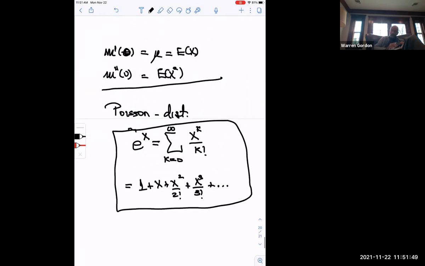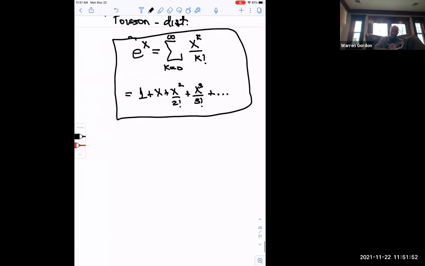And the other fact that we're going to need is the following limit: 1 minus lambda over n, raised to the n power. We'll take the limit of this as n goes to infinity.